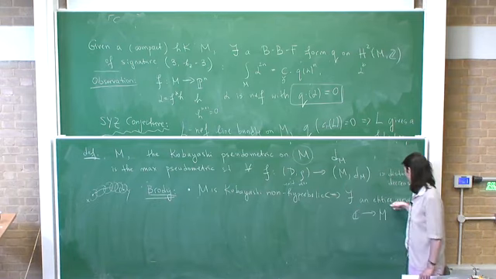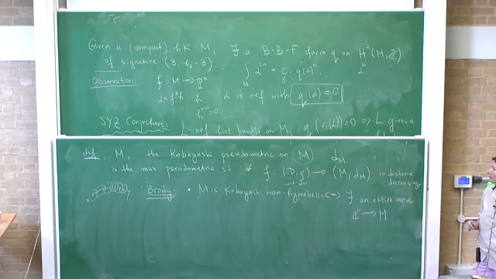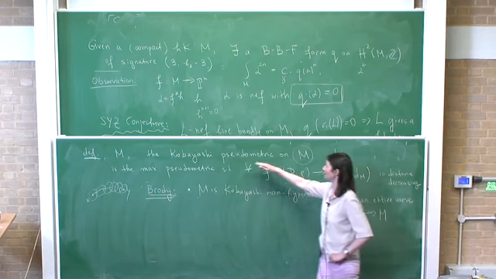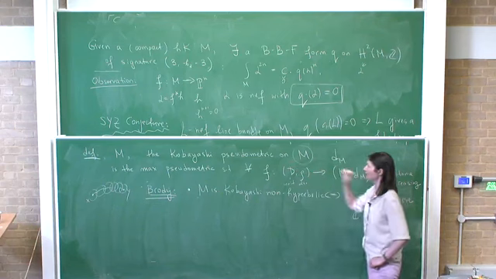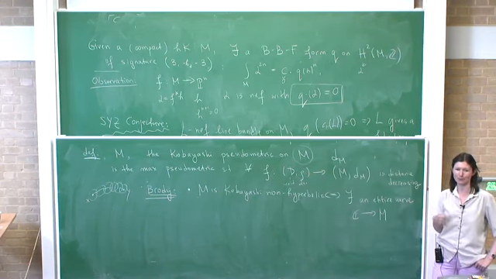Such entire curves on M were studied by Kobayashi first, and that's why he introduced the pseudometric. With this pseudometric, you can measure what kind of curves you can have on your manifold.